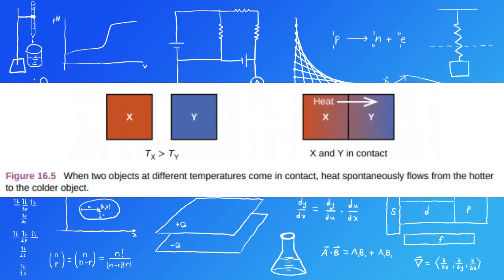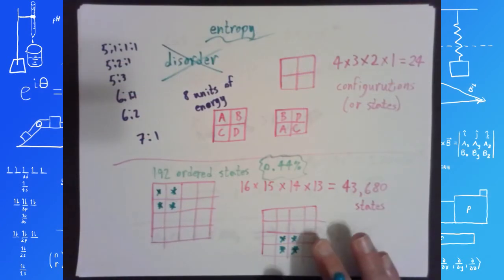So in this next diagram, they show you two systems, X and Y. X is at a higher temperature than Y, and the heat flows from X to Y. It is technically possible for heat to flow from Y to X. It is possible for heat to go from the colder object to the warmer object, but it's statistically unlikely to happen.